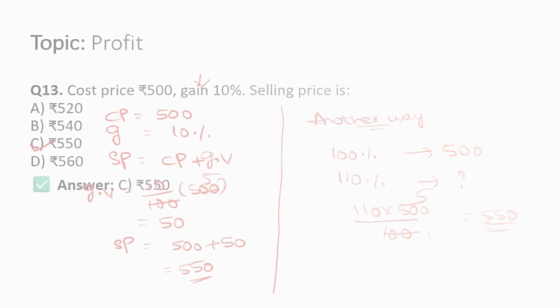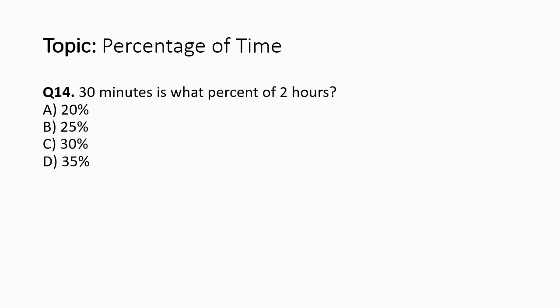Next topic is percentage of time. 30 minutes is what percent of 2 hours? So we need to find out 30 minutes is what percent of 2 hours. So just convert 2 hours in minutes. 2 hours equal to 2 into 60 equal to 120 minutes.